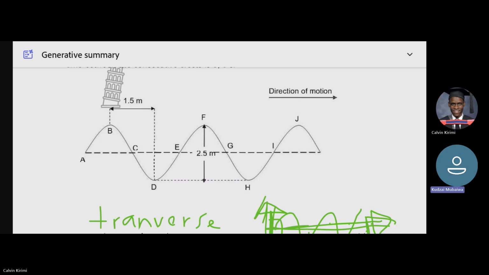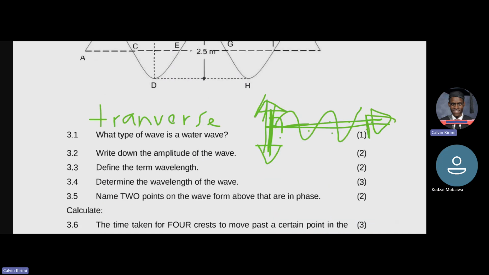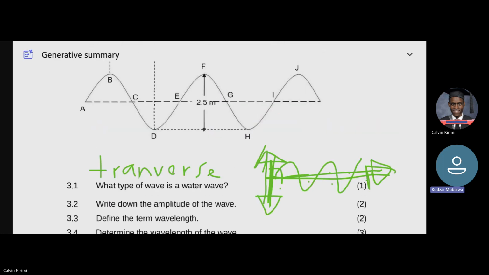So the question, what did it say? What is the amplitude? We are doing number 3.2. What is the amplitude? Can I please see the diagram?